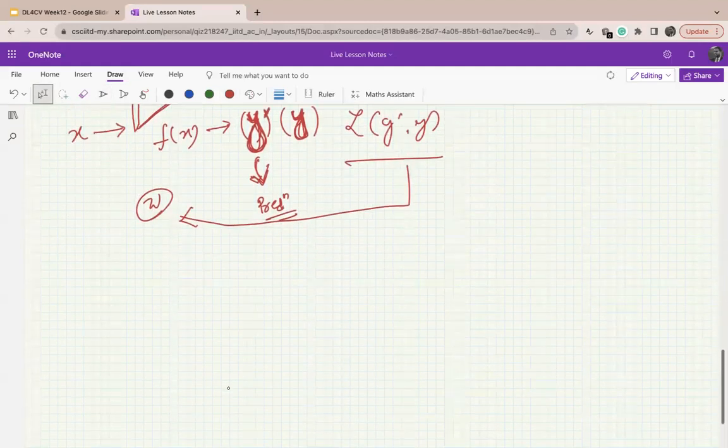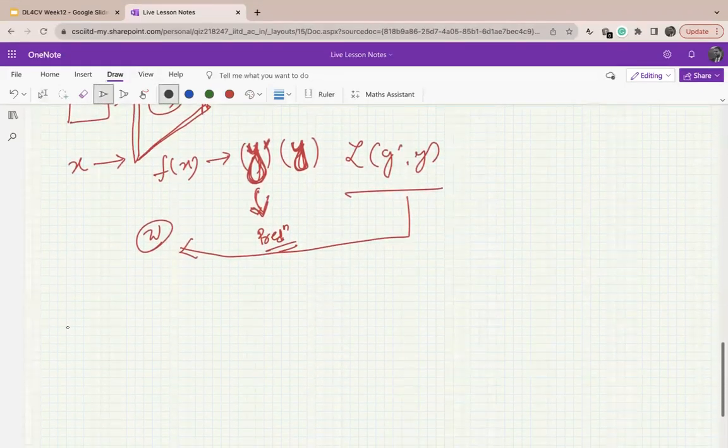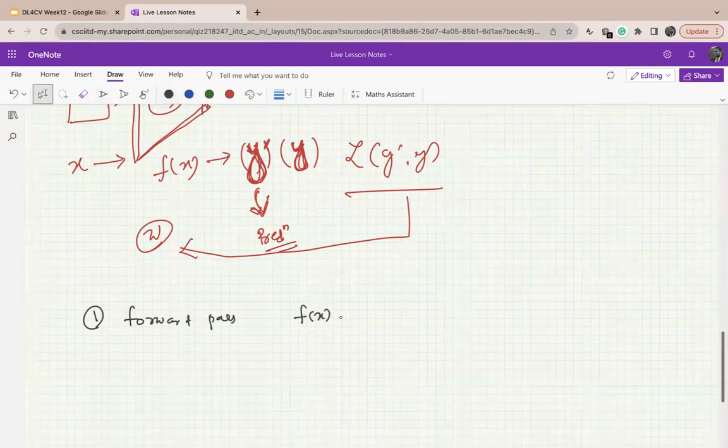So if I just remind you about the backpropagation algorithm, the first step is the forward pass, that is, calculate f of x.